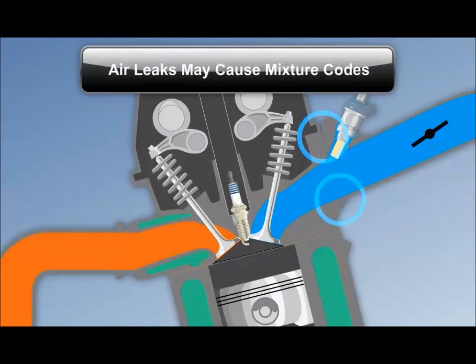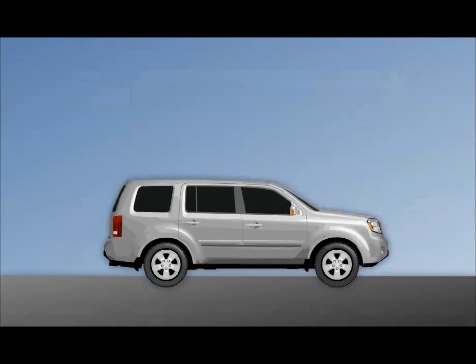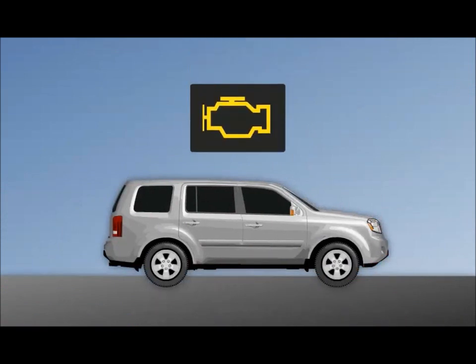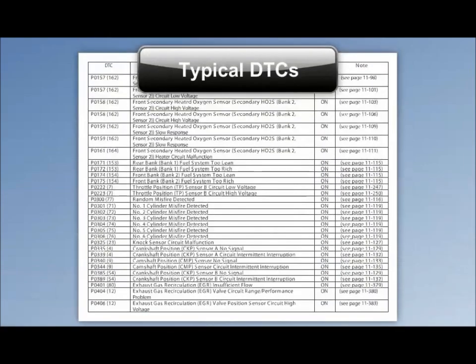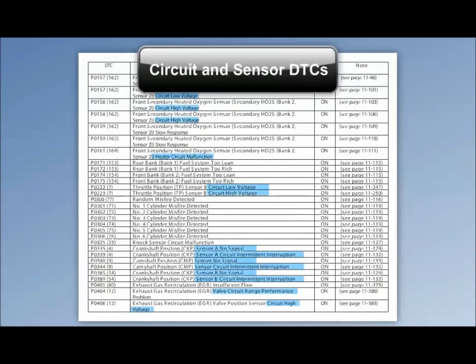Because these complaints may set a DTC, a car with an engine mechanical problem may arrive at the shop with a malfunction indicator light. Engine mechanical faults do not set DTCs that reference circuit performance or bad electrical readings caused by defective sensors.